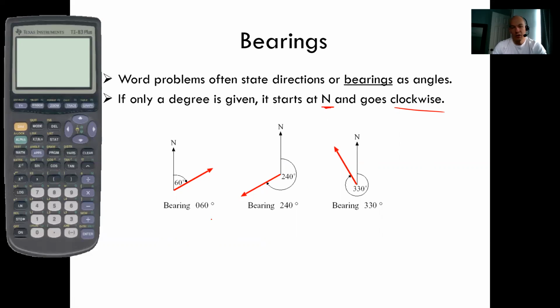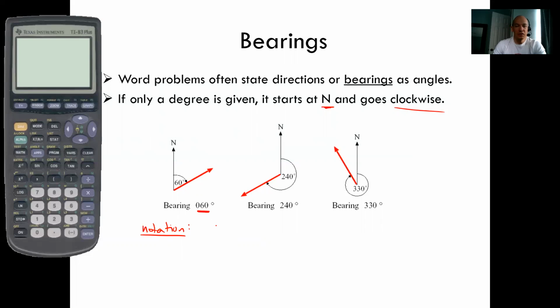Now, there is one thing I want to mention: the notation of bearings. I'm just going to write it down. There are a couple of different types of notation. If you are doing what the textbook does, a bearing of 60 degrees, you could leave it as just a bearing of 60, and for some reason they like to put a 0 in front sometimes, but it's just 60 degrees.